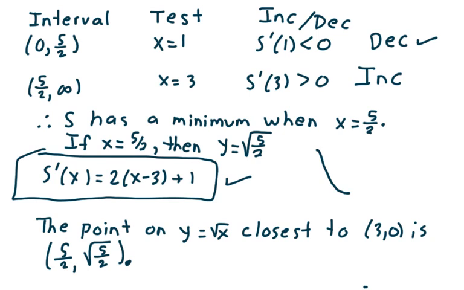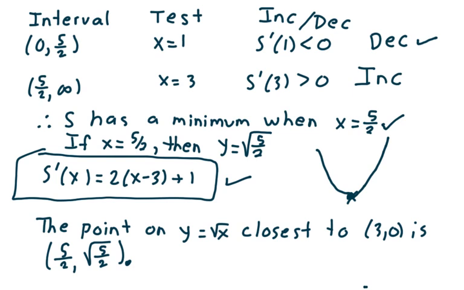And when I plugged x equals 3 into the derivative, I got s prime of 3 is positive, which means that s is increasing on the interval 5 halves to infinity. That means s has a minimum when x equals 5 halves.